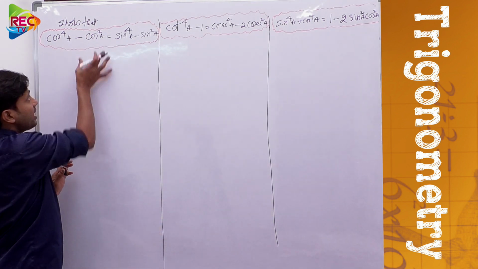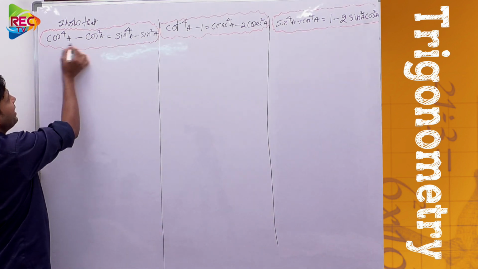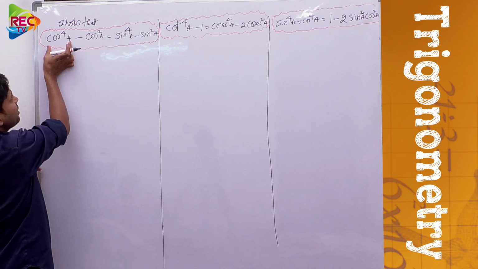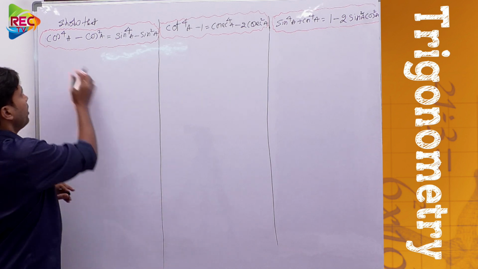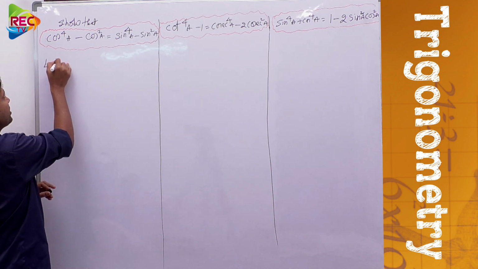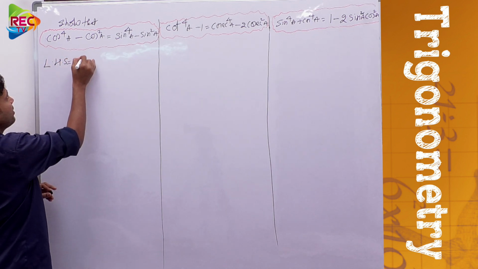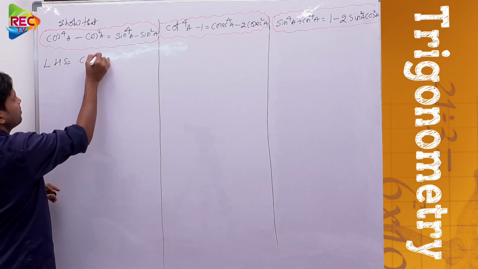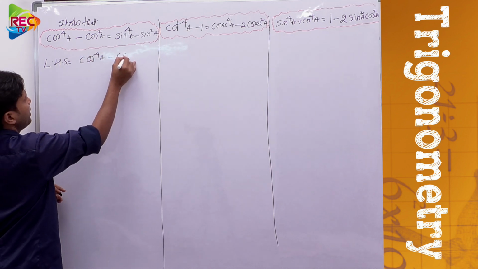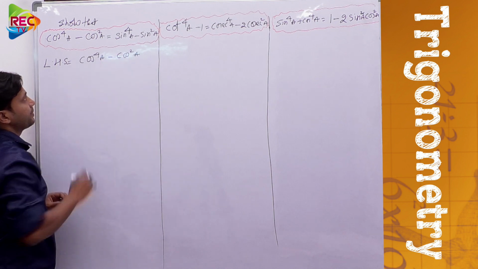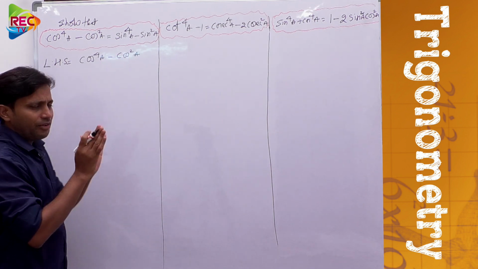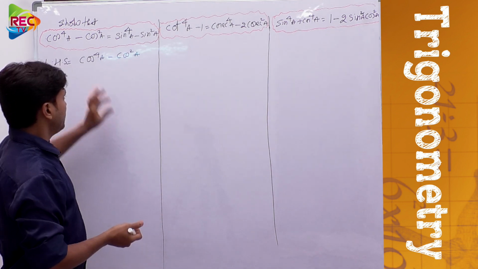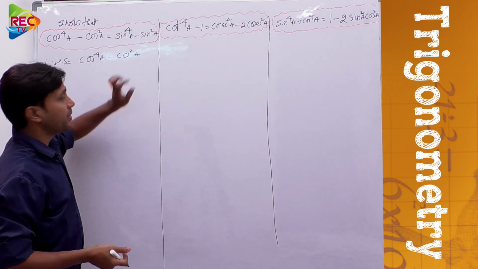So first of all, let us start with this. Now take the LHS part. What is the LHS part? Cos power 4a minus cos square a. Now just do only one thing: in both the terms, what is common?